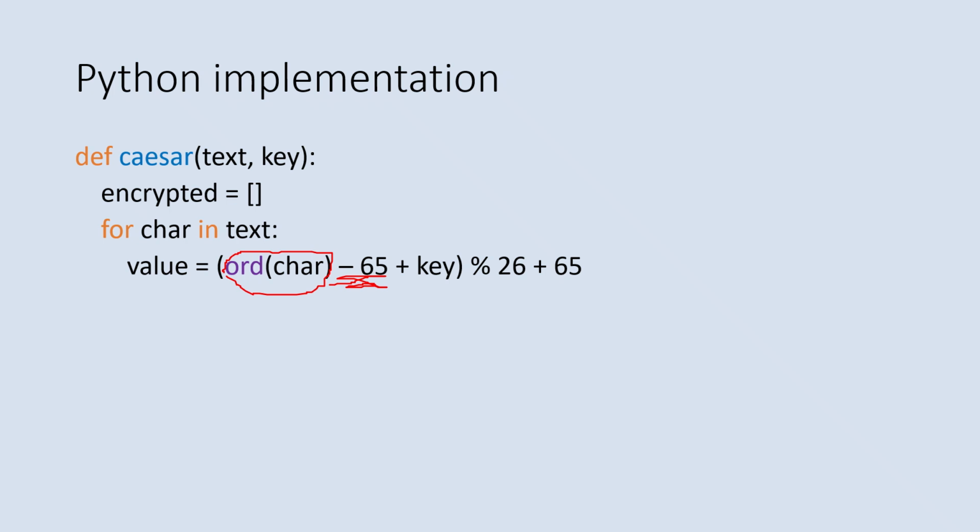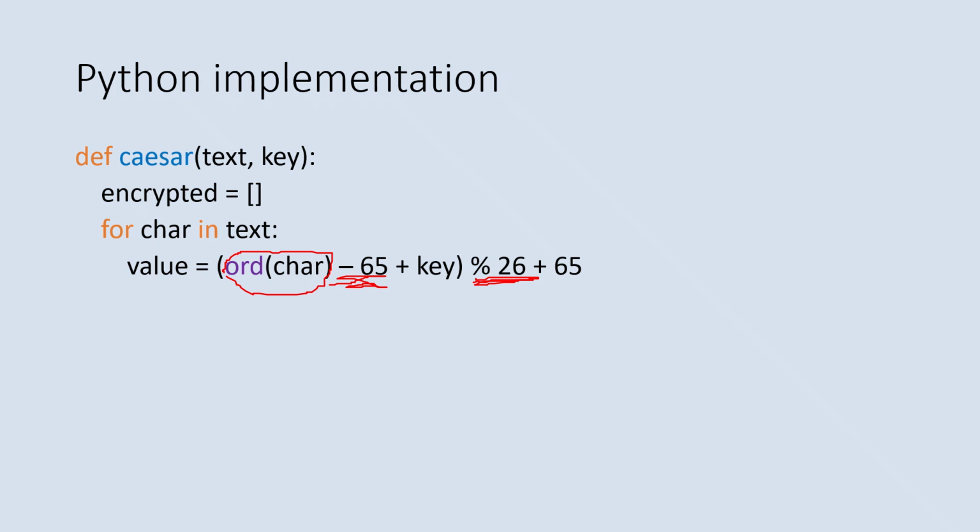And then we will do the mod 26. And you remember that mod 26 is done with the percent sign. So that's given us our number from 0 to 25. But then we really still need that number to be between 65 and 90 so that Python can recognize what the letter is. So at the end, we'll add the 65 back to it, right?